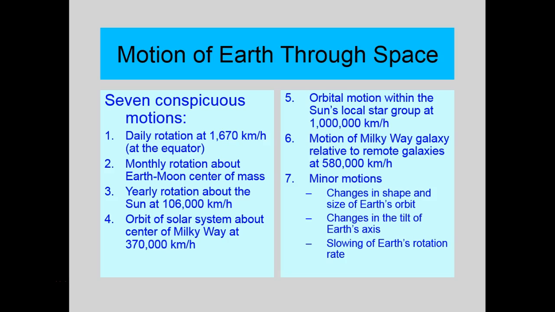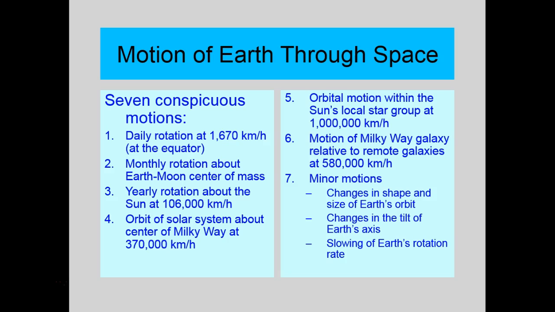Okay? Now, your monthly rotation about the Earth-Moon center of mass. We'll talk about this later in the chapter. But because our moon is so big compared to our planet Earth, no other planet-moon system in the solar system is anywhere close to being as close in size as ours are.